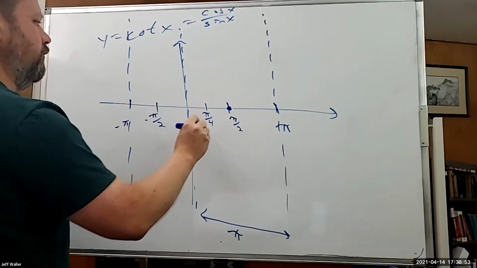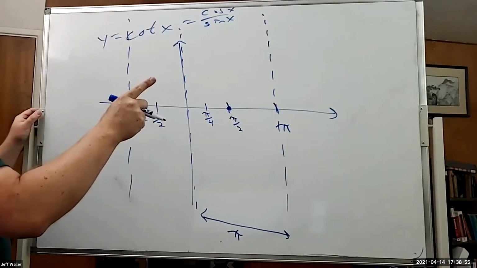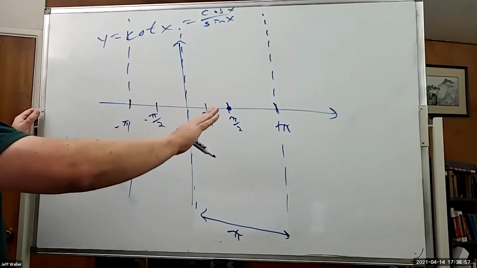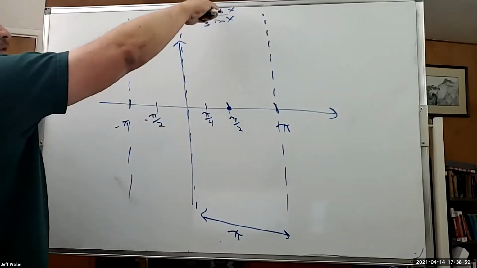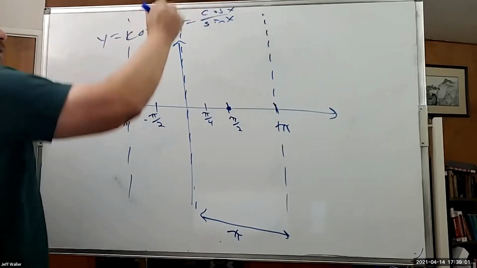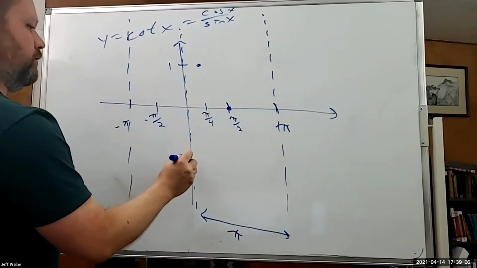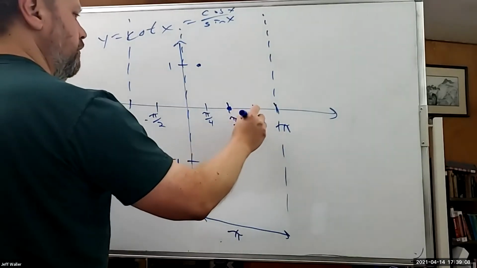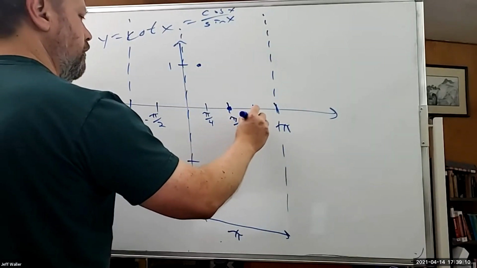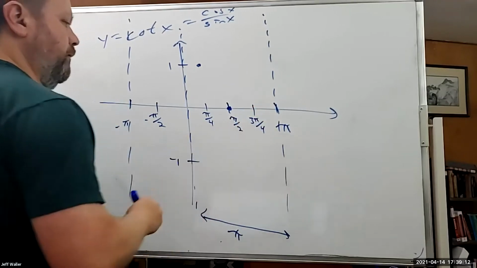What's cotangent of pi over 4? This shouldn't be that horrible, right? Because pi over 4 is where these are equal to each other, so it's 1. So what's cotangent of 3 pi over 4?